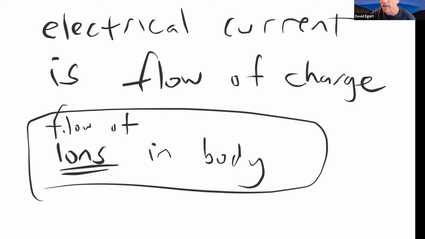It's just that in the electronics in your house, it's using electrons because it's cleaner and easier with all the solid state stuff. But ions are just as capable of moving charge from one place to another to create electrical current. So, ions, hugely important in our class.